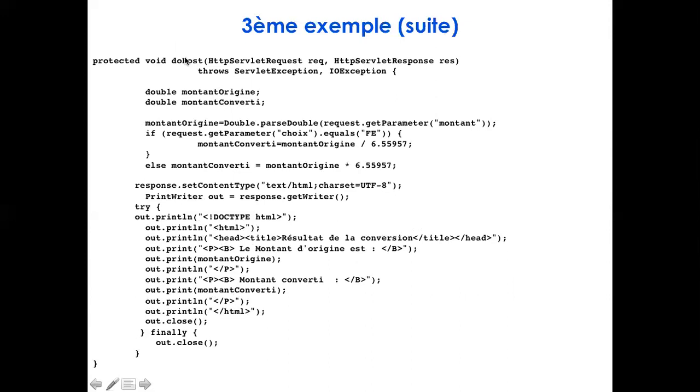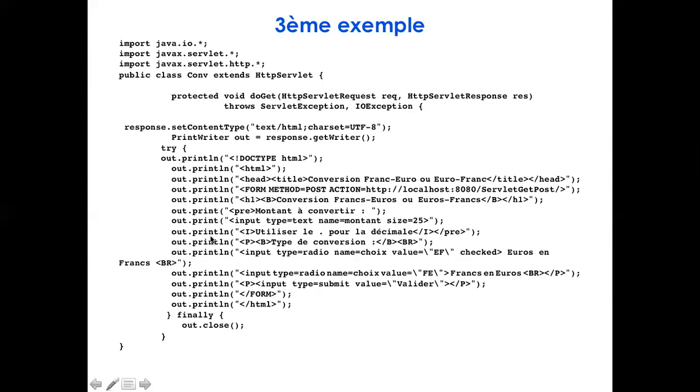And as you can see, the one that plays the role of the HTML file is the doGet. So the doGet is executed first. This doGet method contains the form, with the post, of course, because the post will respond and not the doGet in this case. If you put doGet here, we're going to have an error.